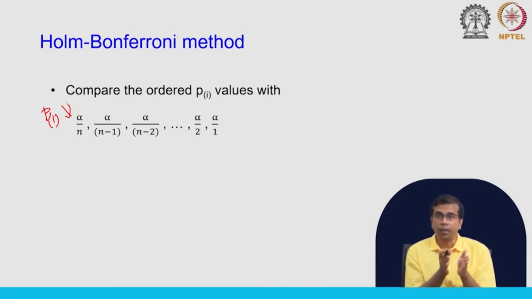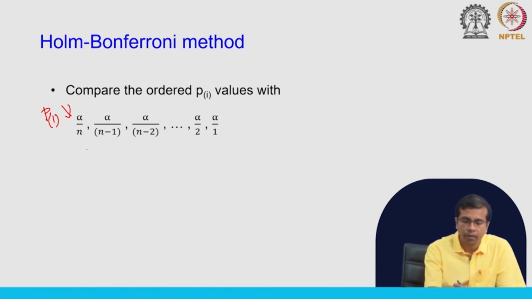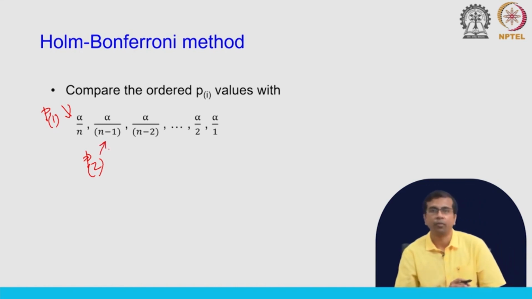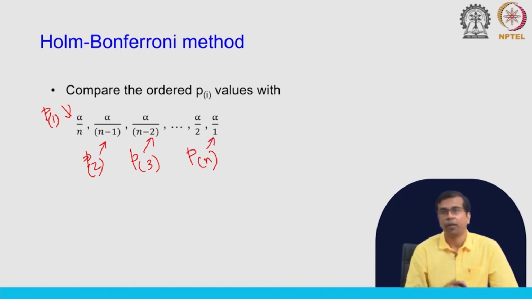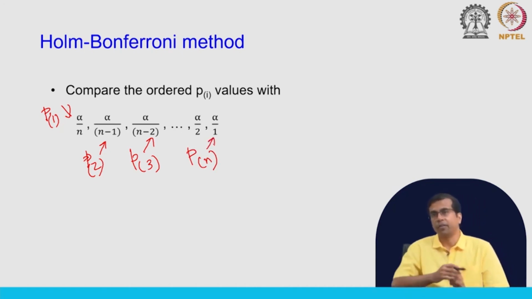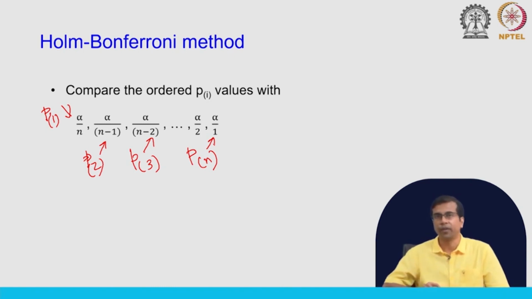So, for the lowest p value you apply the most stringent cutoff, and then for p (2), the next sorted value, you compare with alpha divided by n minus 1, and then you continue this process. For p (3) you compare against alpha by n minus 2, and finally for p (n) you compare with alpha by 1, that is, alpha itself. Okay. So, in this case alpha is 0.05.